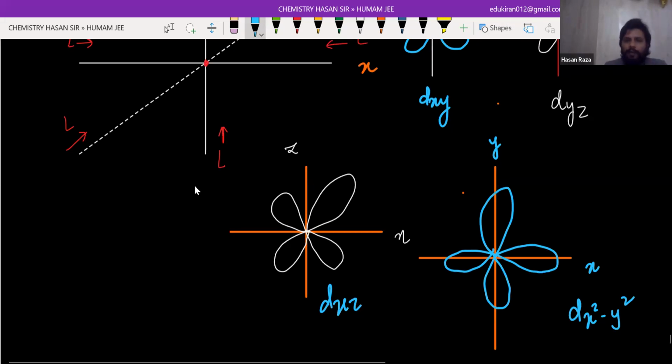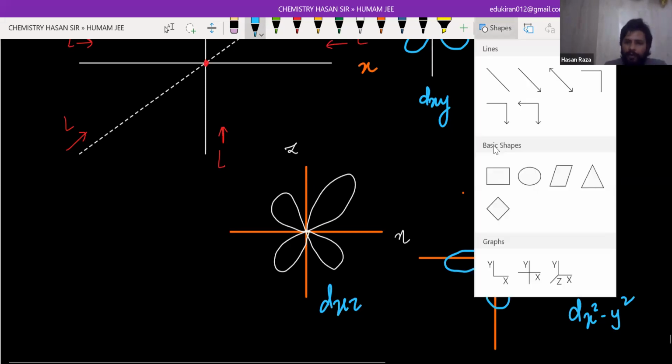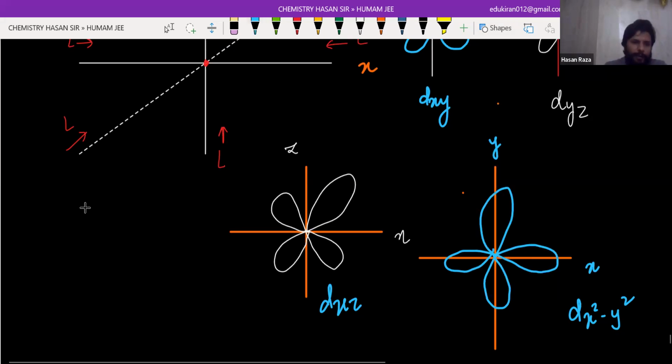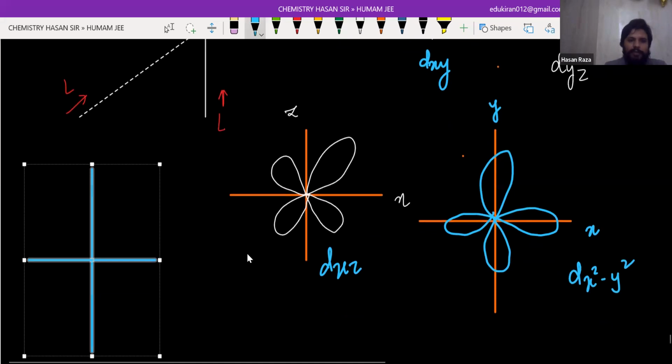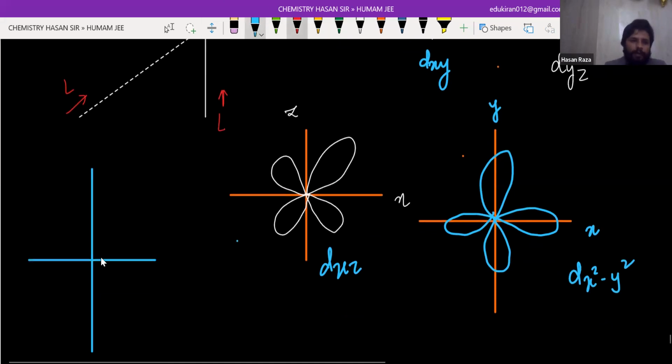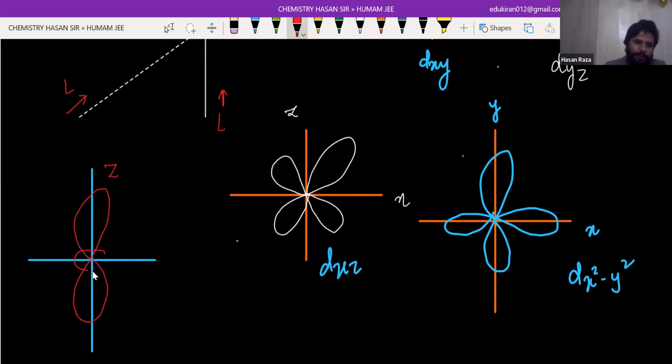And dz square is a special kind. This will be on the axis. Basically, I will show you. This is your z, and this will be the dz square. This is dz square. Please do write.